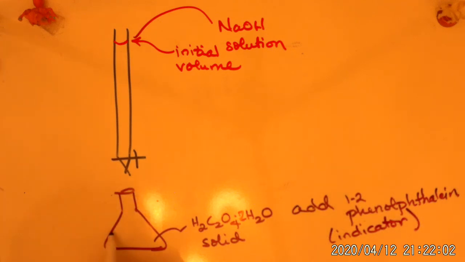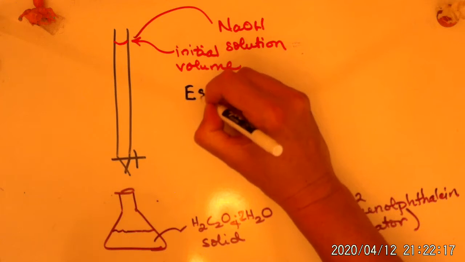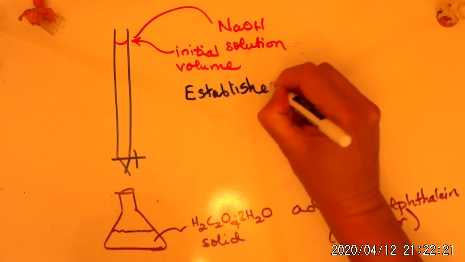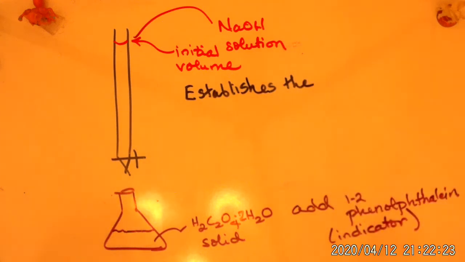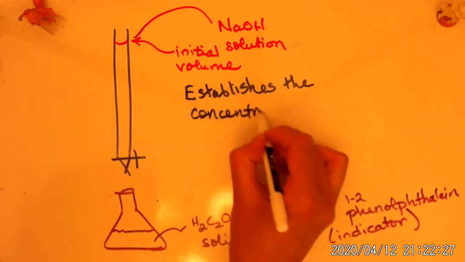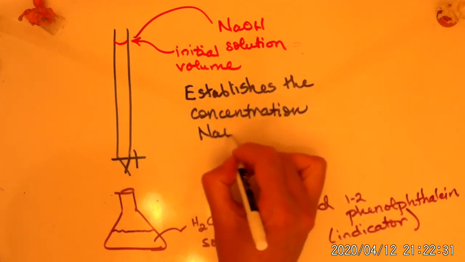Once you have this, you're going to dissolve this in about 20 to 25 milliliters of water. So now we're set to do our titration. And what this titration will do is establish the concentration of our sodium hydroxide solution.